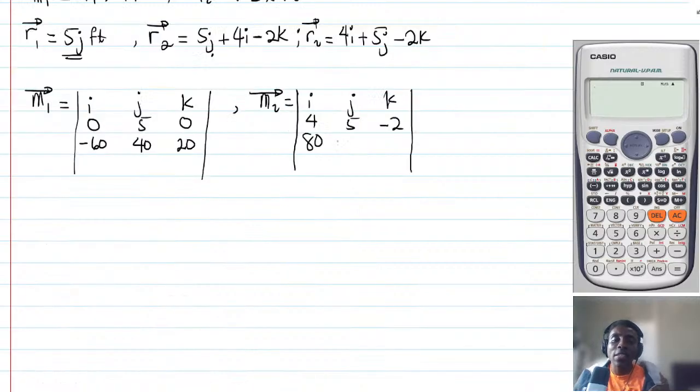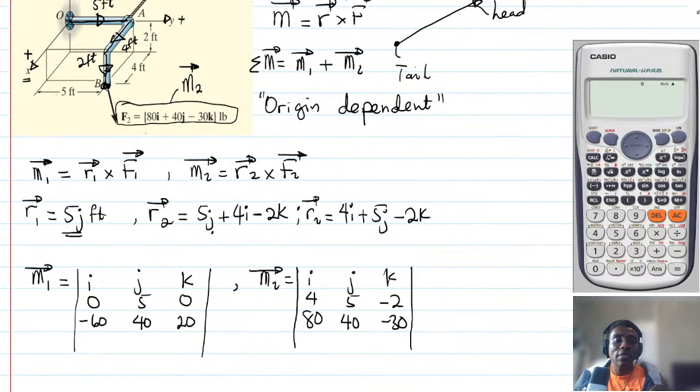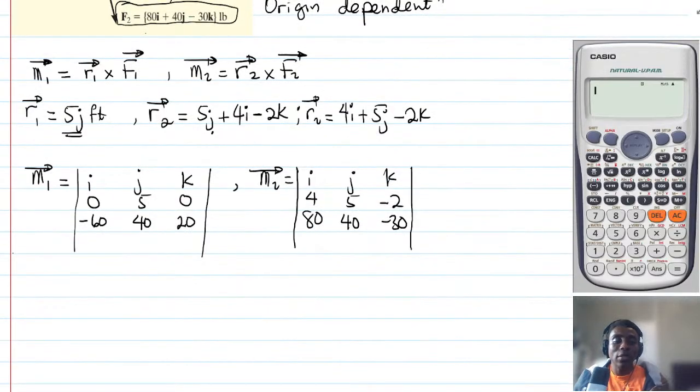So vector M is going to be the summation. So let's start.